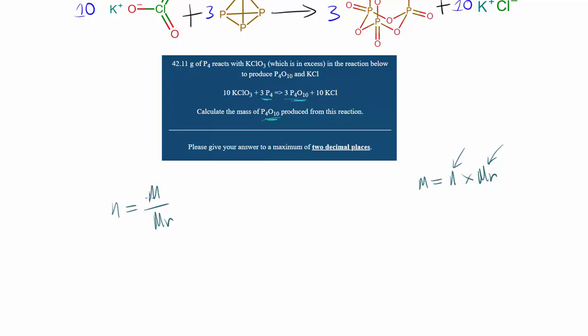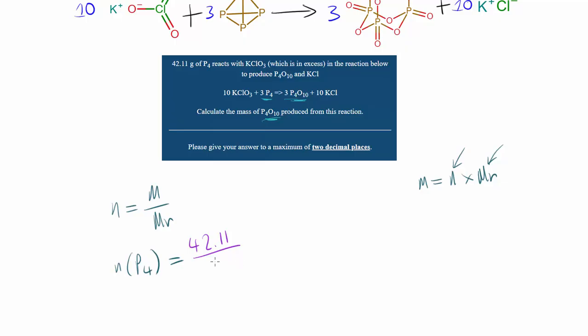So in this case, for the P4, the moles of P4 would be equal to the mass, which is 42.11, divided by the molar mass, right?